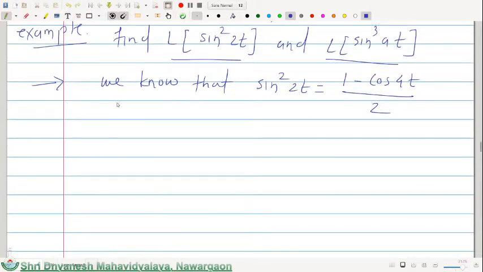Okay, so what do you have to find? The Laplace transform of this left hand side. So take the Laplace transform on both sides and use the linearity property simultaneously.